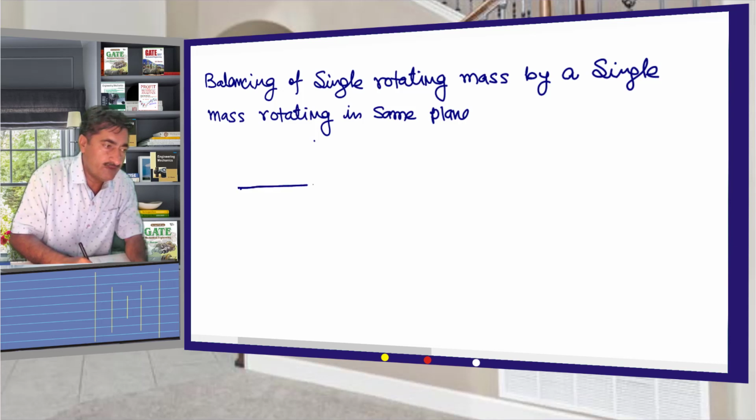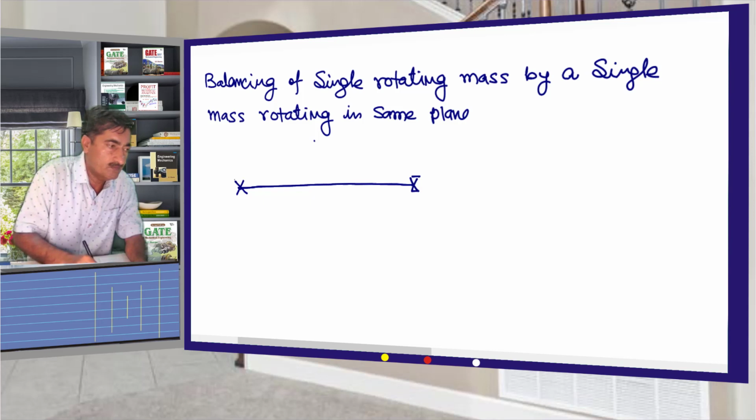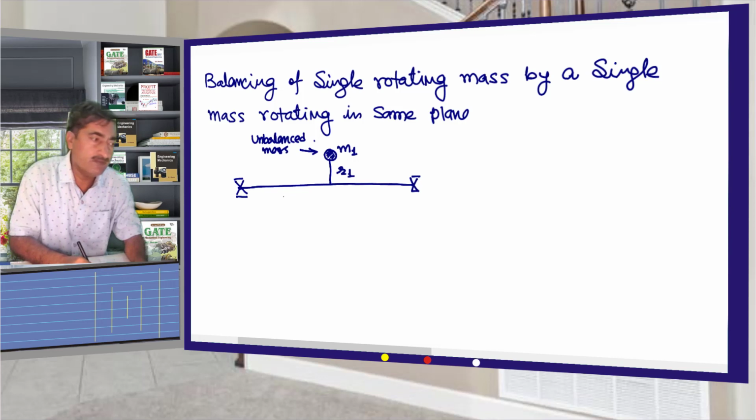Means this is shaft, this is bearing, and this is unbalanced mass M1 at radius R1.